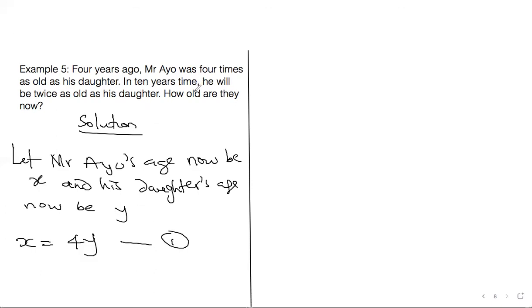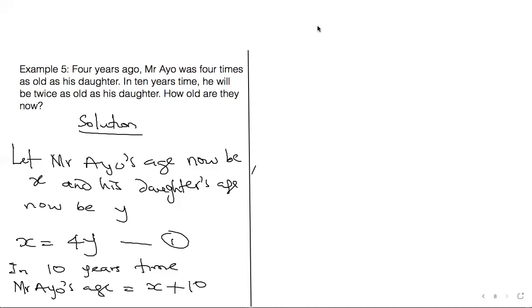In 10 years' time, what will be their ages? Mr. Ayo's age will be X plus 10, and his daughter's age will be Y plus 10.